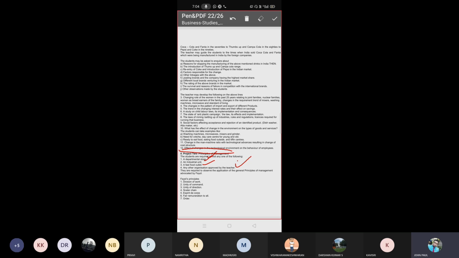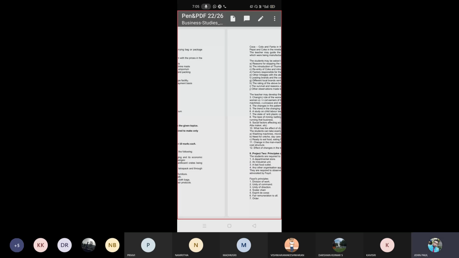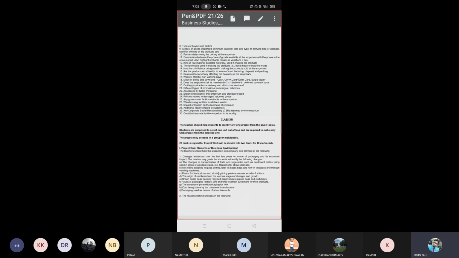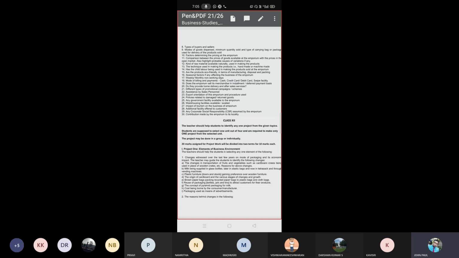In project 1, among projects 1, 2, 3, 4, we can take any one. Okay, so no need to do all these topics. So in the first project we need not go anywhere, everything is secondary data.